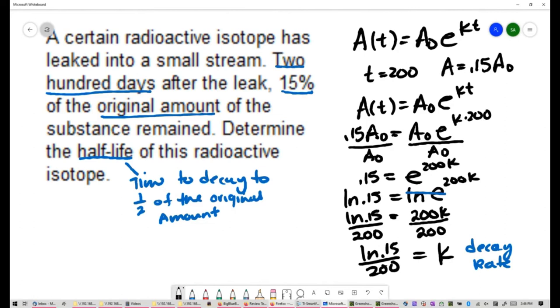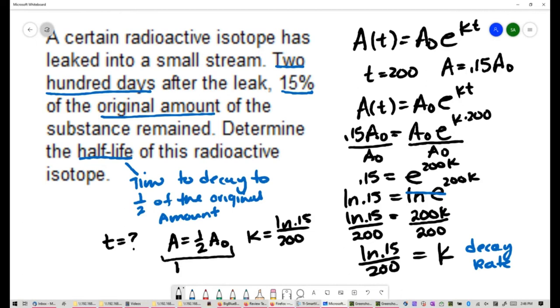So the half-life is the time, that's what we don't know, the time it takes for us to get half of the original amount. So I'm going to use the k that we just found, natural log of 0.15 over 200, as well as this relationship that we're looking for half-life to solve for time.